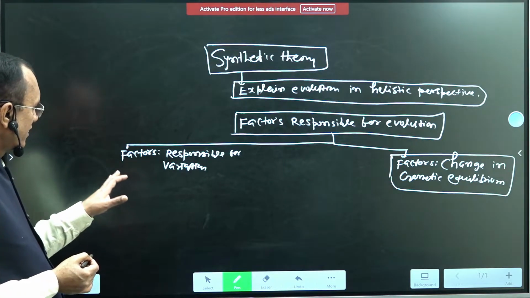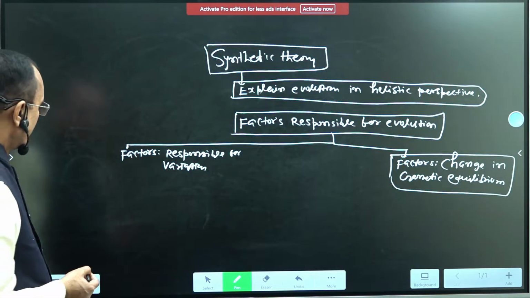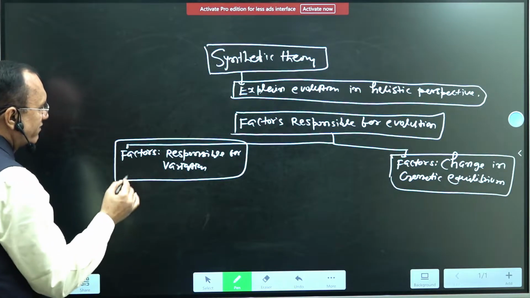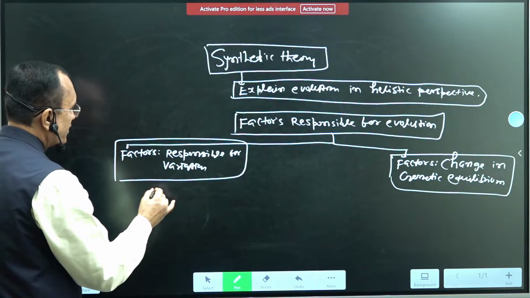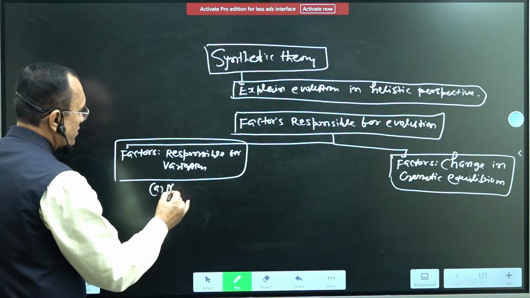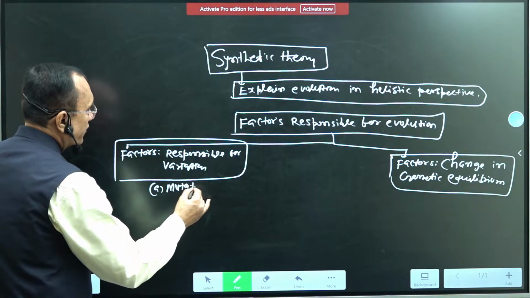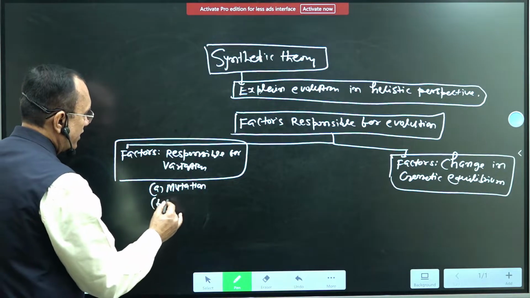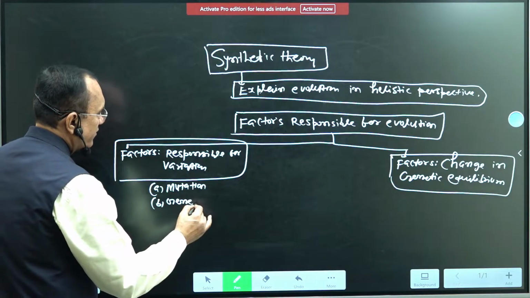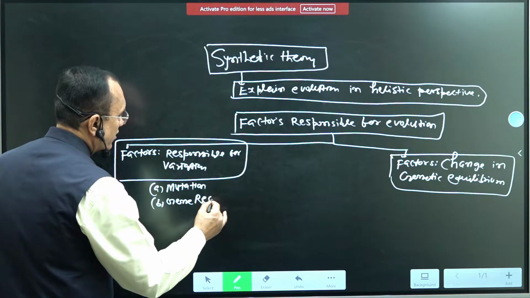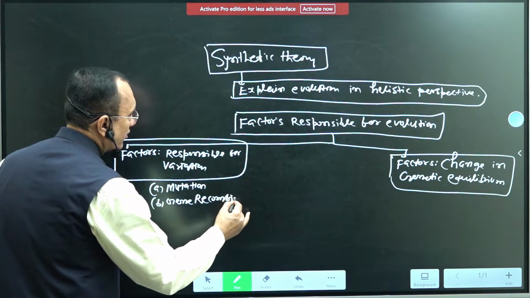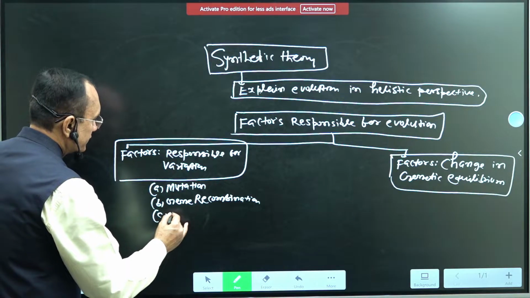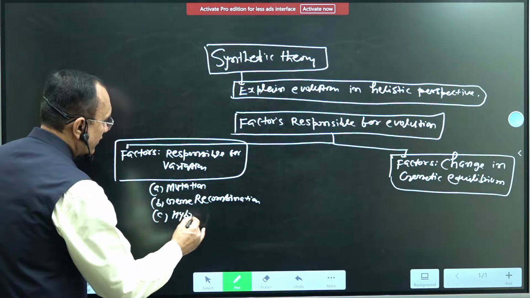First, factors responsible for variation. These are the factors which are responsible for variation. First is mutation. Second is gene recombination, right? And third is hybridization.